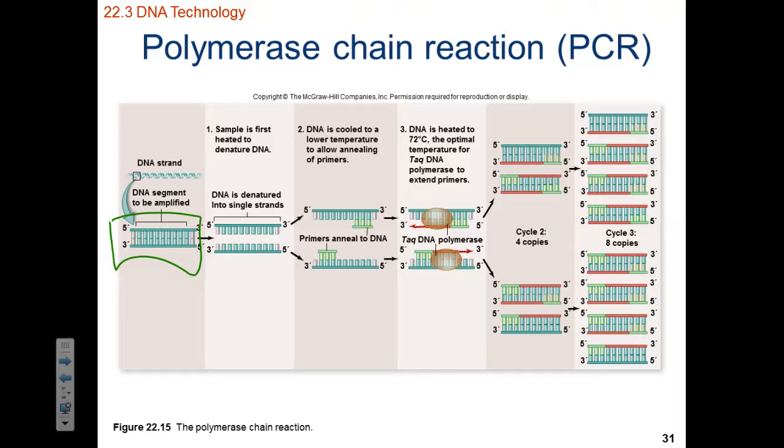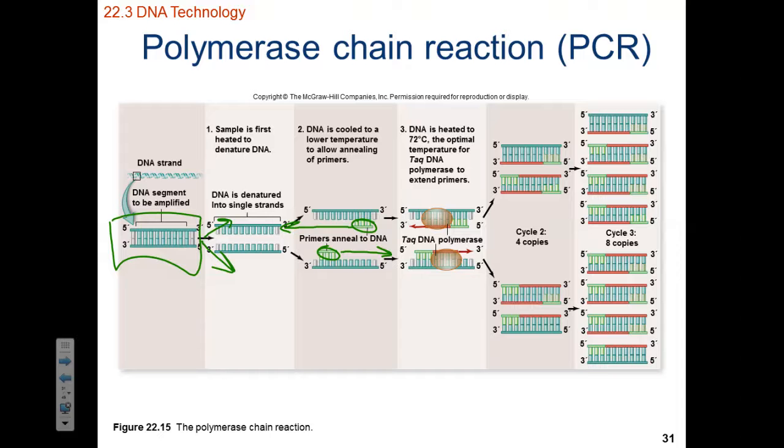We heat it up to its melting temperature, and by heating it up, we cause it to become single fragments. And those single fragments are then going to have a primer strand of DNA attached to it. That primer strand of DNA determines what will be amplified. And then once the primer is attached, DNA polymerase is then able to synthesize a new daughter strand.